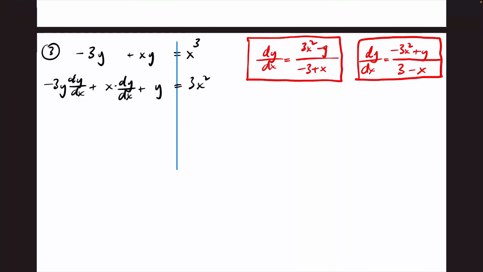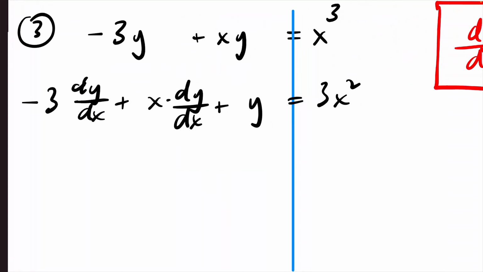The derivative of negative 3y isn't negative 3y. It should be negative 3, just negative 3. Why did you put the dy over dx with the x? It's a great question. So I did that here.